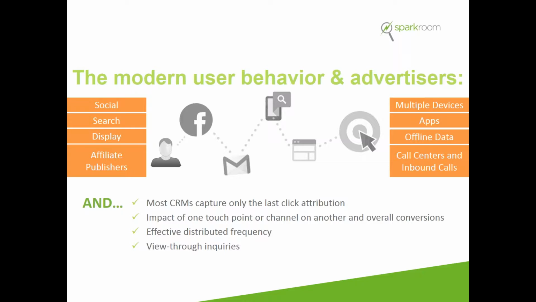Then there's what I call an effective distributed frequency. Because of the fragmented digital marketplace that we live in, it's vital to reach out to your audience where they are and in the formats that they expect the media to be consumed, right?